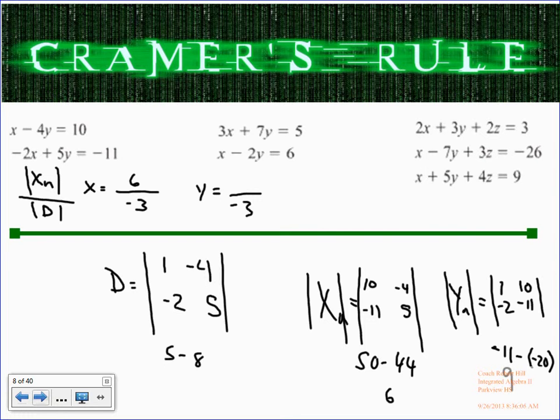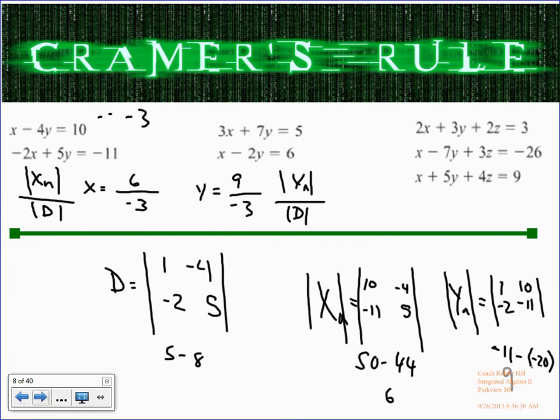That positive 9 becomes the numerator for y. So I put a 9 right there. Again, that's why I started using the subscript y sub n. Y sub n is a pretty useful little subscript. So y sub n over d ends up being negative 9 over 3, so that's negative 3.